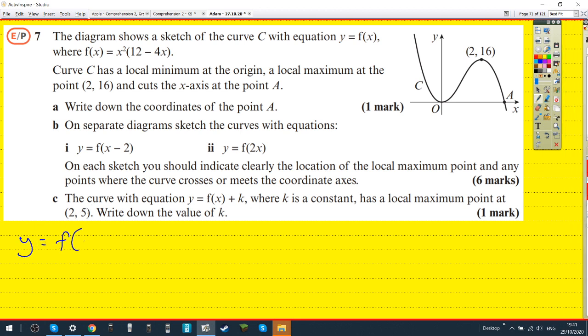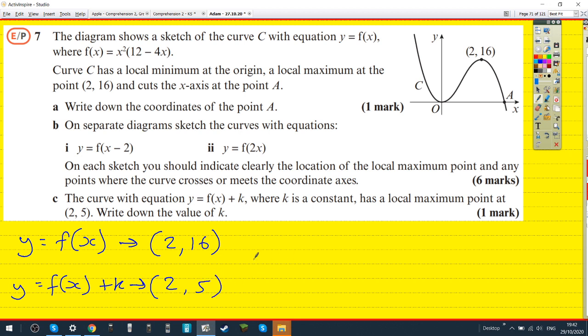Okay. So we're talking about the maximum. So 2.5 is when it changes. So the original number's 2 and then 16. So original's 2, 16. It changes to 2, 5. Y equals the f of x changed to y equals the f of x plus k.